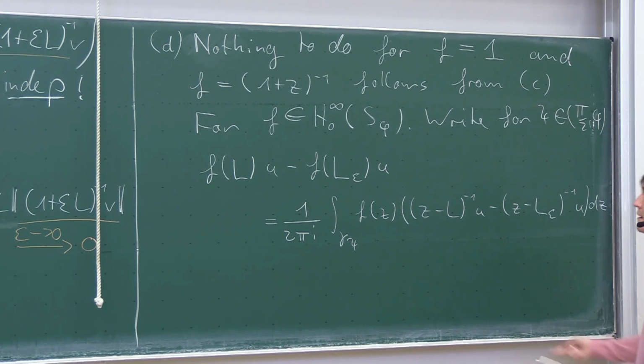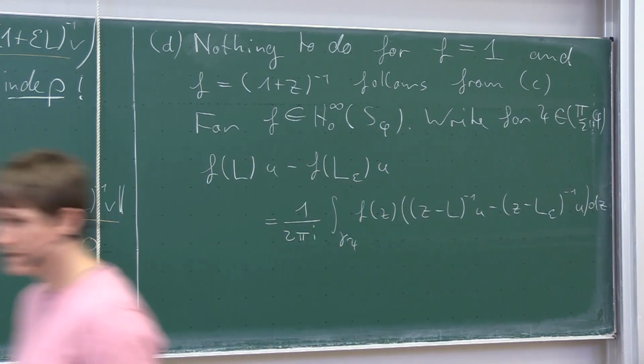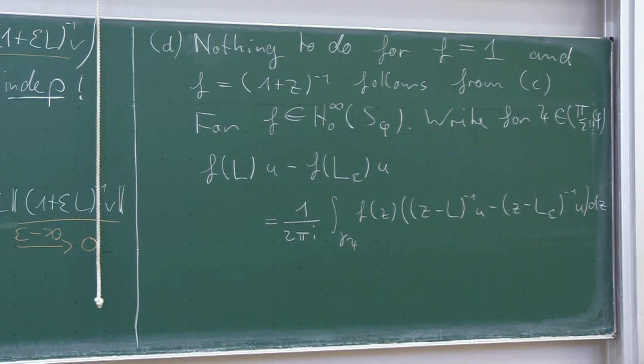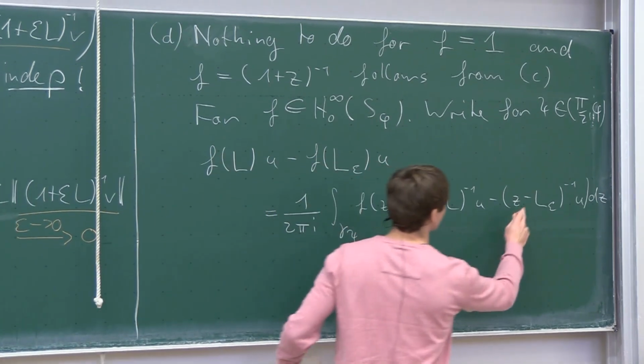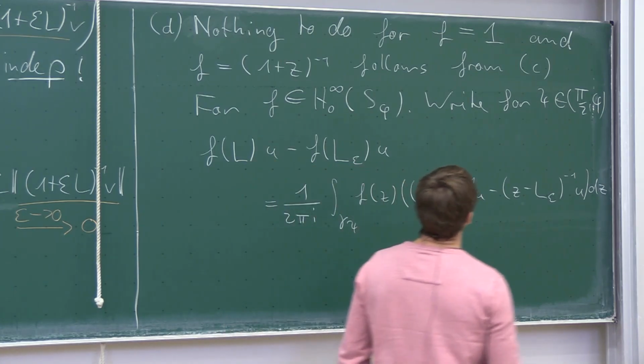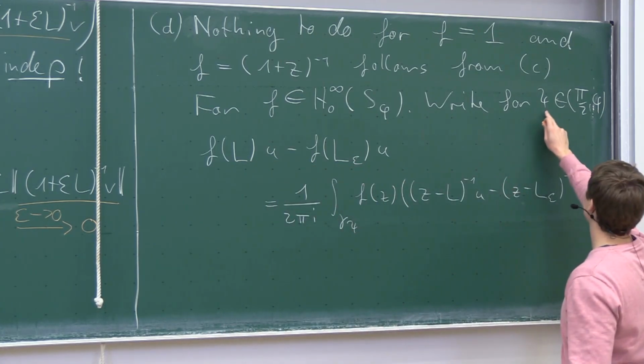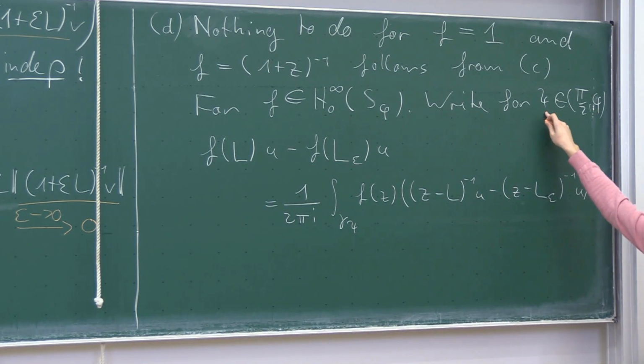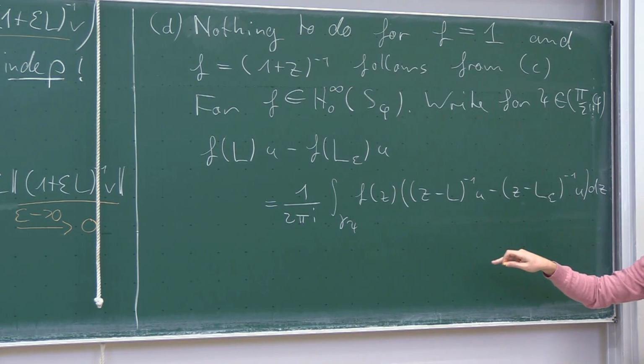Okay. And now the good thing here is again that L epsilon is m-accretive, and we chose our angle here strictly larger than pi over 2, so the path runs through the left complex half plane.